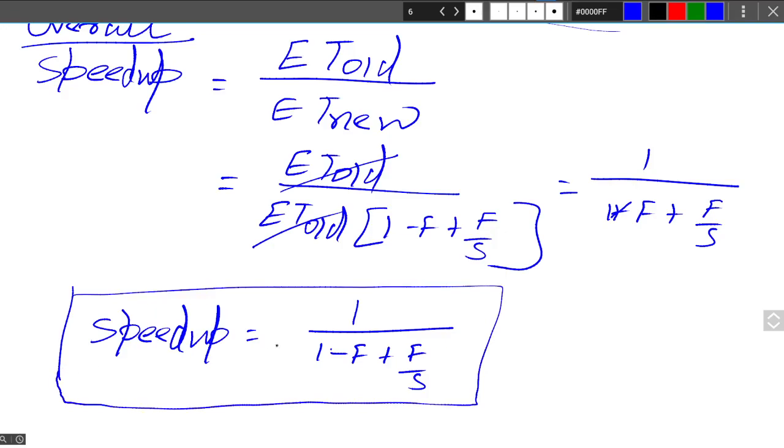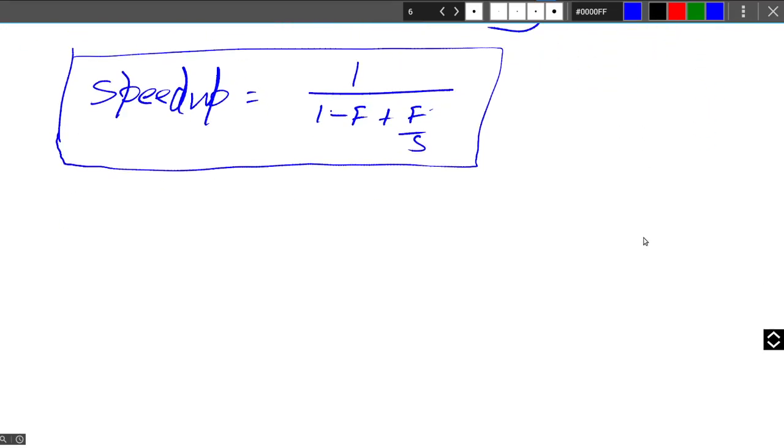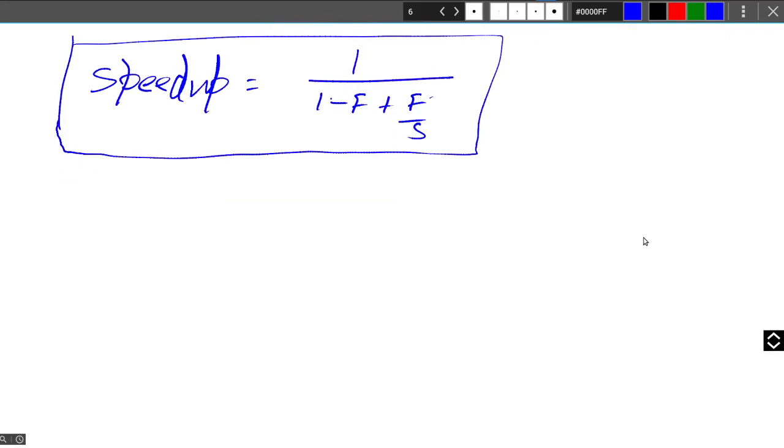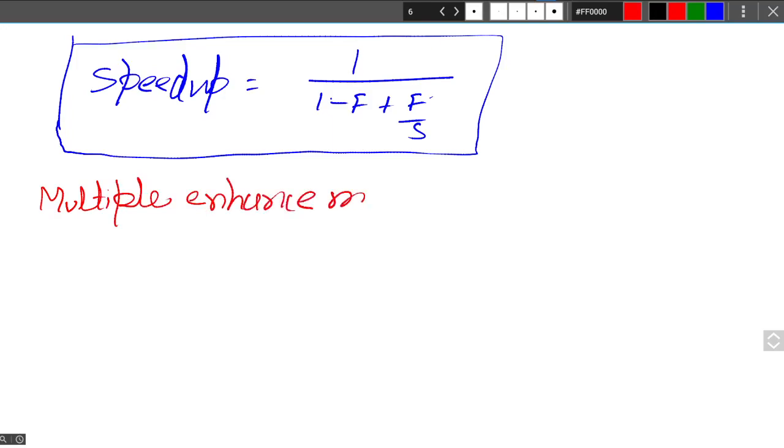Now this is the case when there was only one enhancement. What will be the case if there are multiple enhancements?